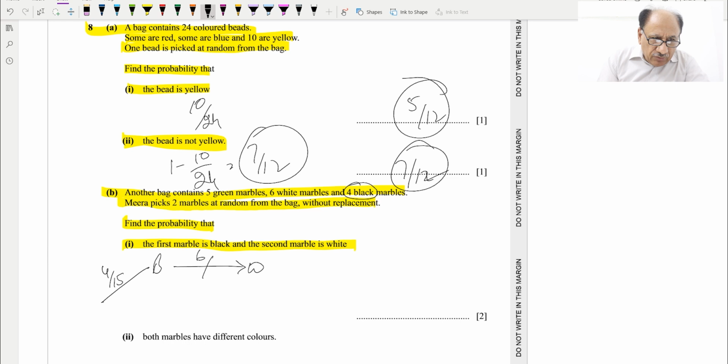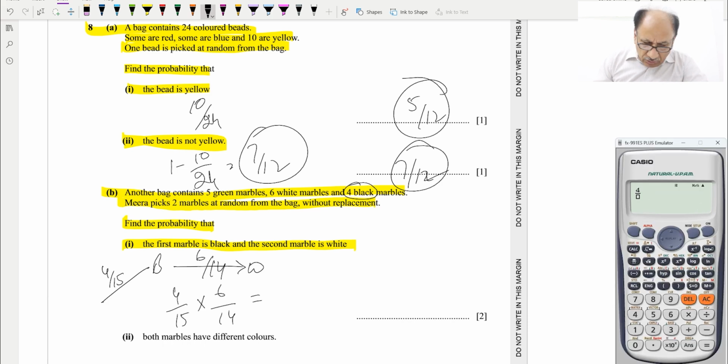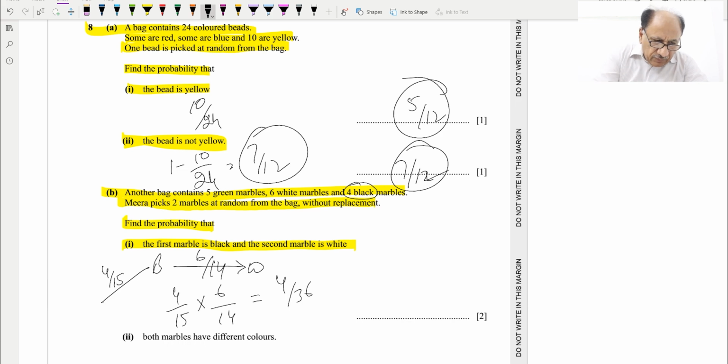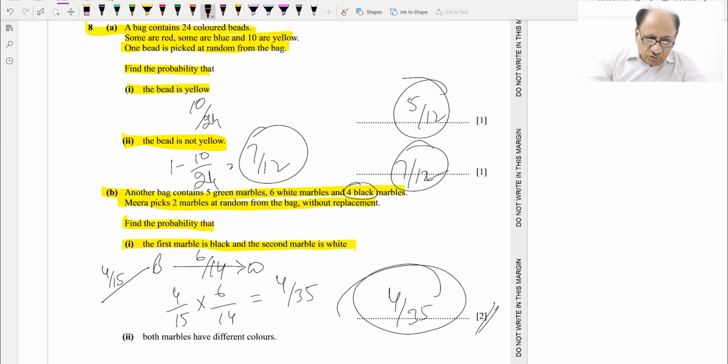So the probability will be 4 out of 15 multiplied by 6 out of 14, which is equal to 4 by 35. So 4 over 35 will be the answer for this 2 mark question.